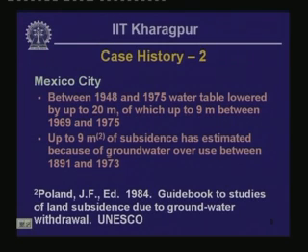Because these soils are so soft, the lowering of groundwater by as much as 20 meter has led to up to 9 meter of subsidence between 1891 and 1973.